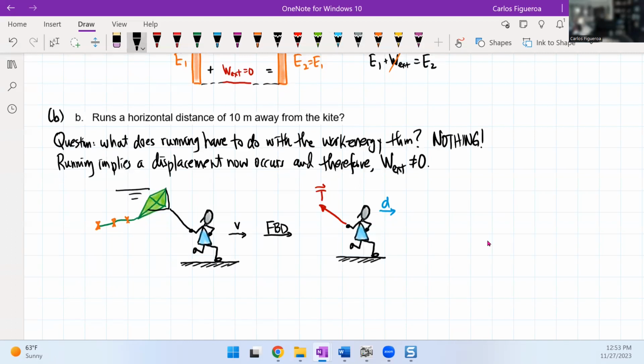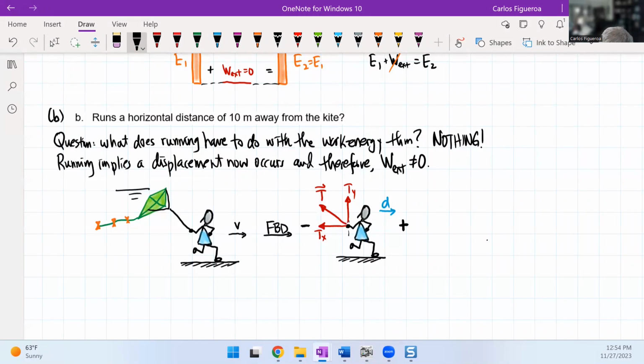So now that means I have to break up these forces into components. And what I see here is that only forces parallel or anti-parallel to the displacement are going to contribute to the work done here. If I pick my displacement to be in the positive direction, I literally see that the only force that matters is Tx because that's anti-parallel. However, Ty is perpendicular.